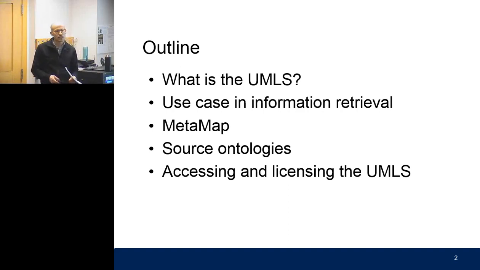And so that could include terminologies, controlled vocabularies, ontologies, and we're talking about terminologies like ICD-10-CM or SNOMED-CT or the Medical Subject Headings, Gene Ontology. So these are some of the examples of ontologies that exist within the UMLS, and we'll look at these in more detail as we go forward.